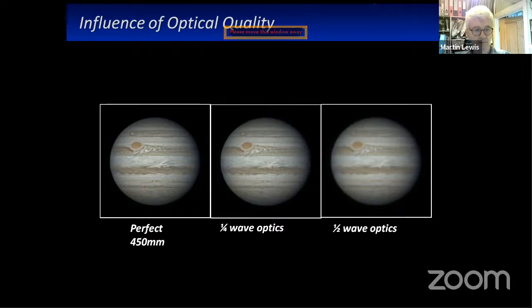Because if you've got a deviation which is 1/8 of the wavelength away from the perfect parabola, the light has got to travel 1/8 of the wavelength back more, and then travel forward 1/8 of a wave. So that changes the wavefront by a quarter of a wave.